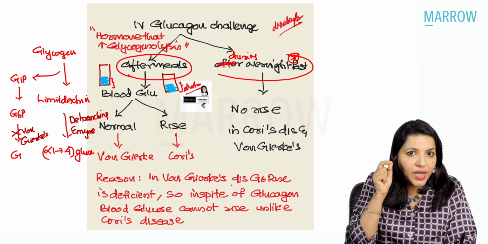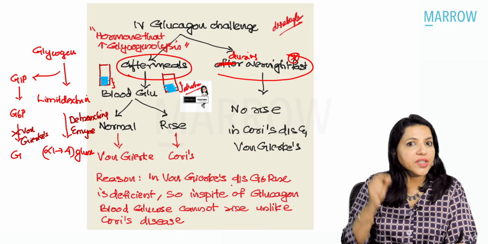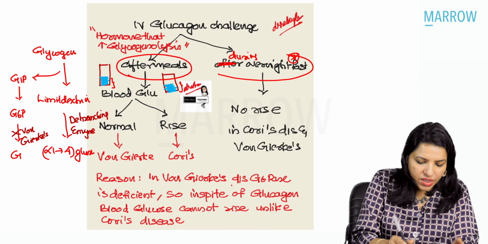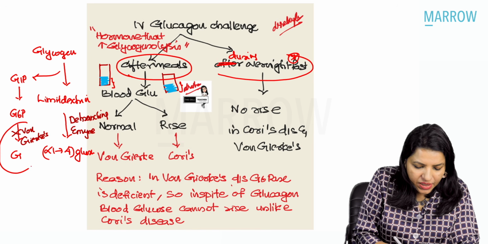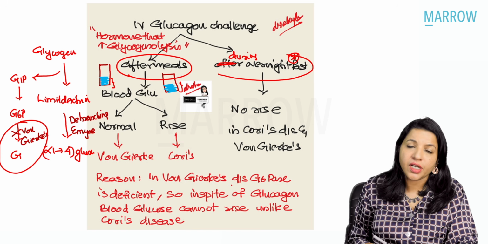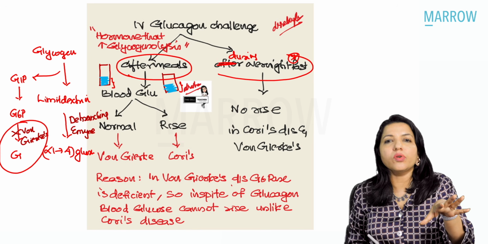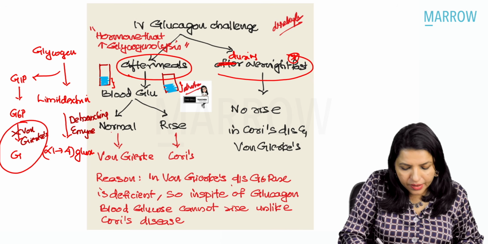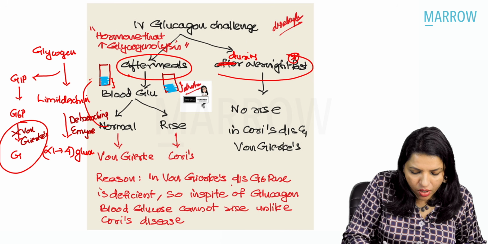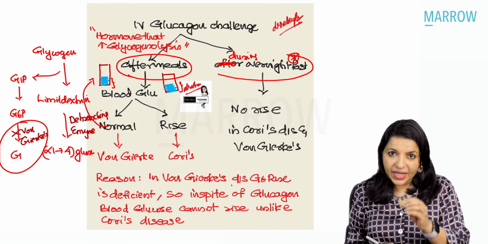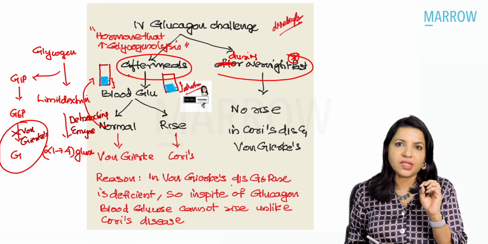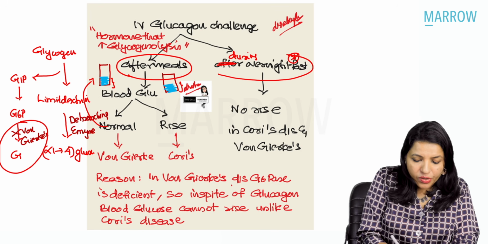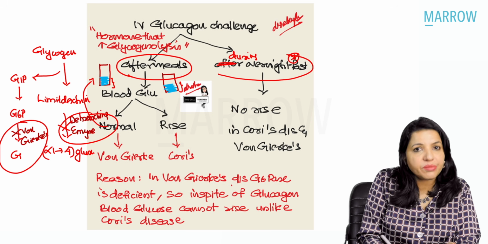Now, what will happen in von Gierke's disease? We know the deficiency is in glucose 6 phosphatase. So even if we give glucagon, the final enzyme is not there, so the blood glucose level will not rise. Whereas if it is Cori's disease, then only the debranching enzyme is defective.